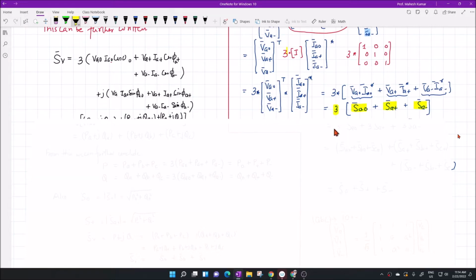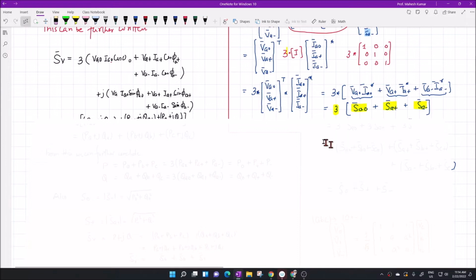So basically 3 times means this 3SA0 plus 3SA plus plus 3SA minus. So 3 takes care of the apparent power of the other phases.